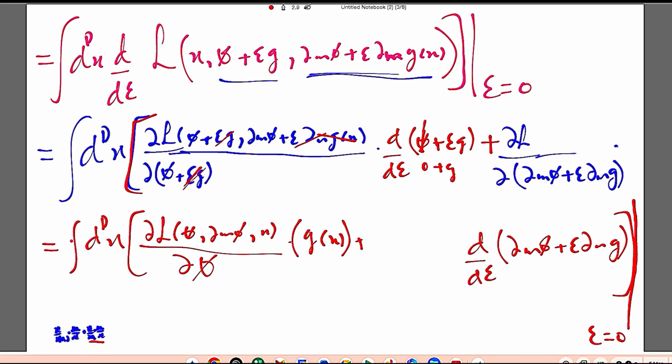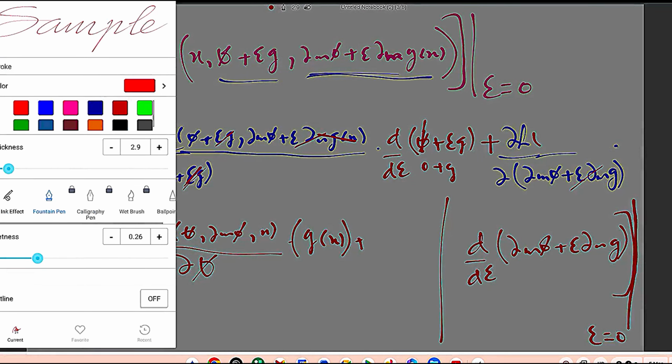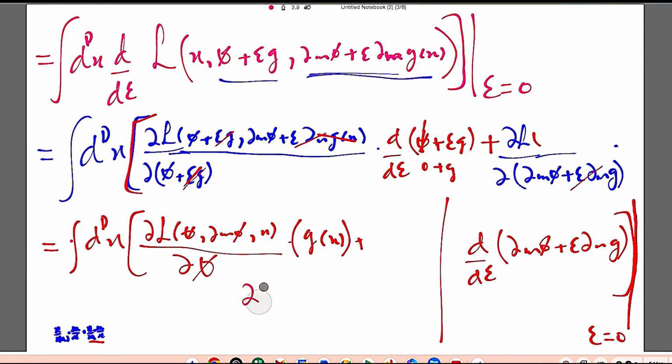Plus now here partial L by partial this whole thing, so you will put e equals to 0, this term vanishes, and also in the dependency there will be normal dependency left, as was the case with this one. So I'm going to write it here. There will be partial L, normal dependency, which is phi, partial m phi and x, by partial m phi. You can see here this term vanishes, so only partial m phi is left.